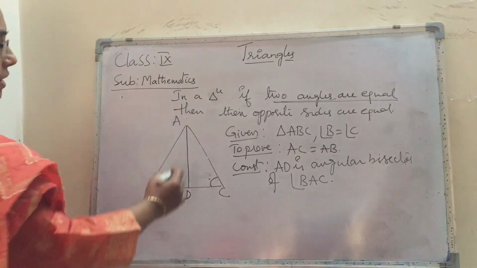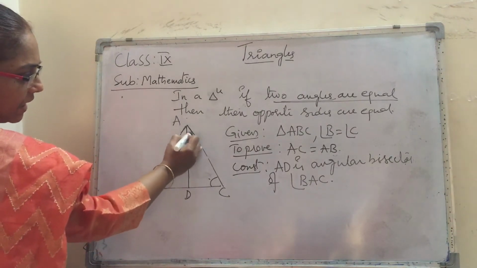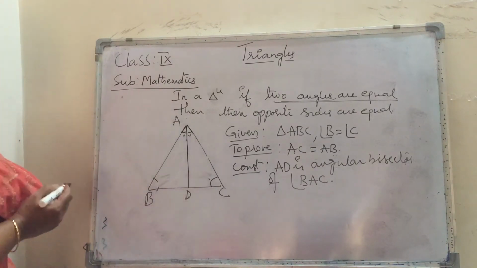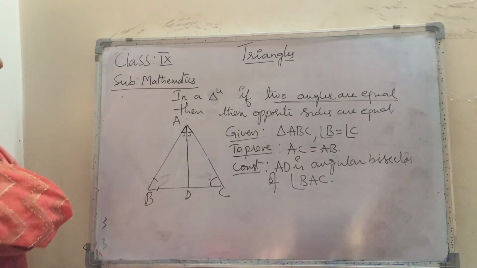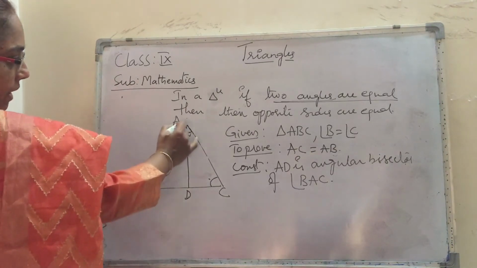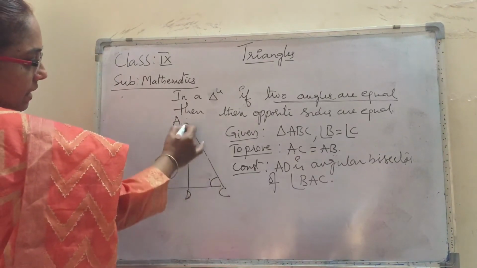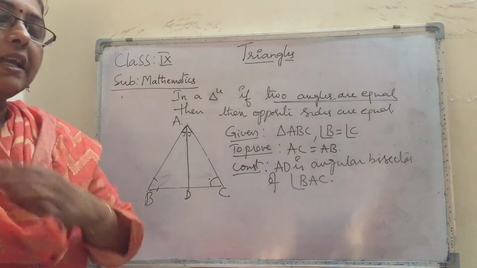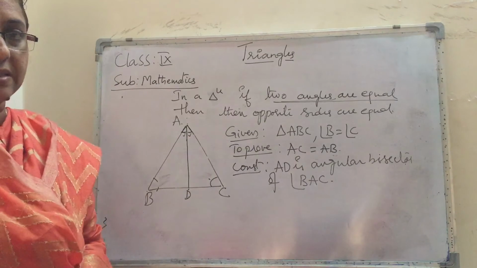These two angles are equal, that is, angle BAD and angle CAD are equal. That is called angular bisector. It divides into two equal parts.